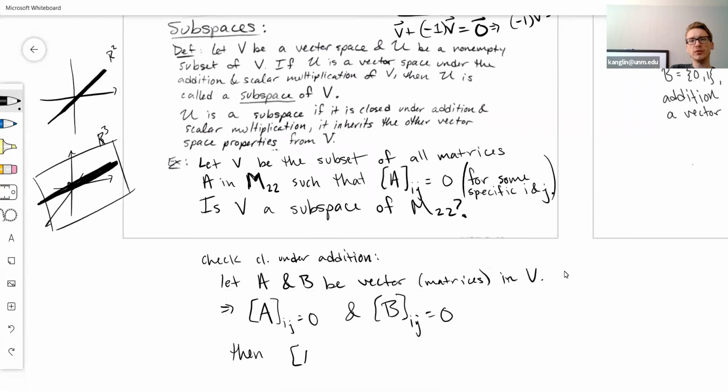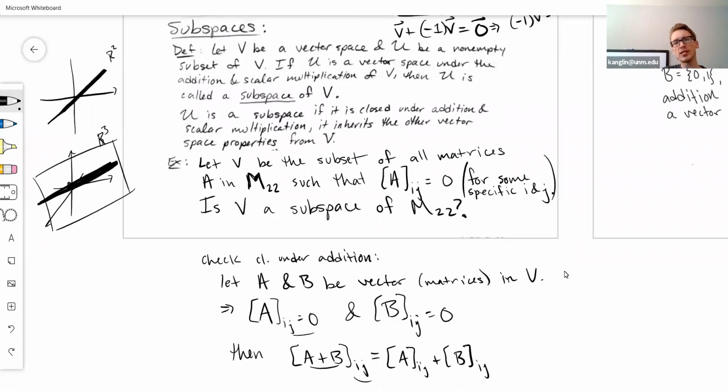The sum of these two, we know by the rules of matrix addition, to take two matrices and add them together is really just to add the corresponding entries of both matrices. So the ijth element of the sum is really the sum of the ijth element of A and the ijth element of B. Right?